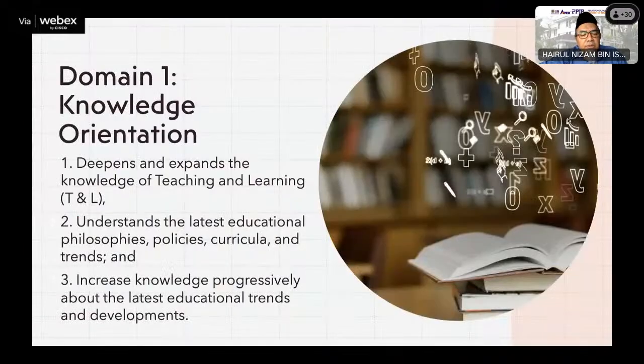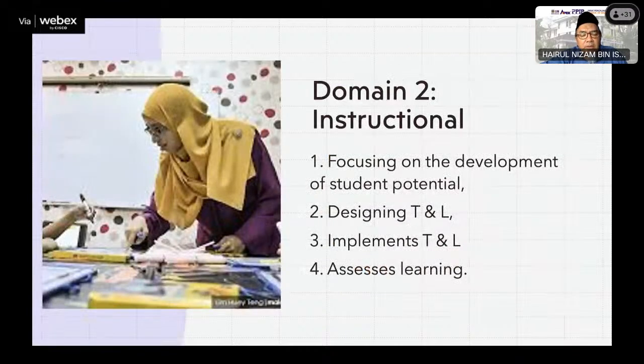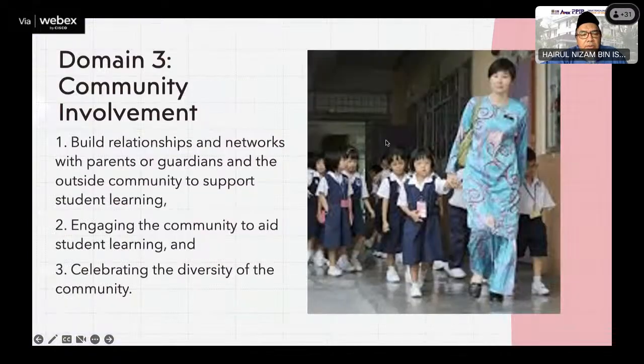Of course, there are subdomains within each domain of the second standard, which I don't think we have time to go over specifically. This is domain two, instructional. Then we have community involvement, which also has three different subdomains.